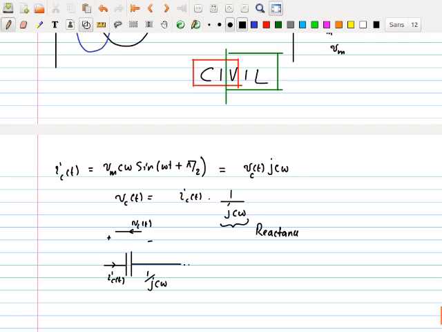Now this is the starting point of the AC analysis. You have a circuit which has a resistor and a capacitor. If I take the capacitor out and replace it with this, that is the AC equivalent circuit that we are now analyzing. So that's the first step. Good. Let's leave it like this, go to the next one, and come back to this at some point in time.